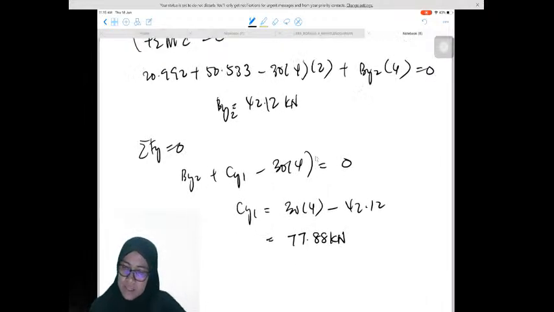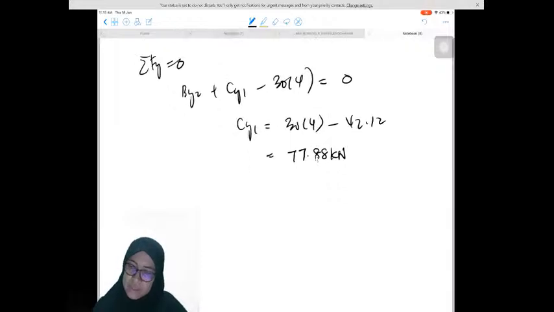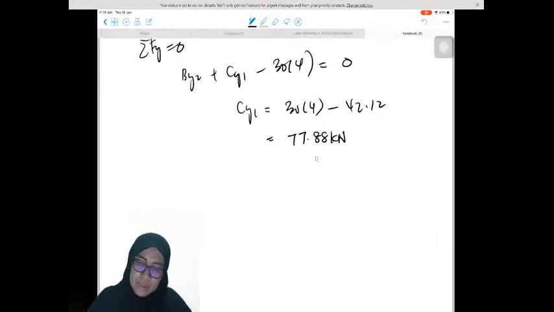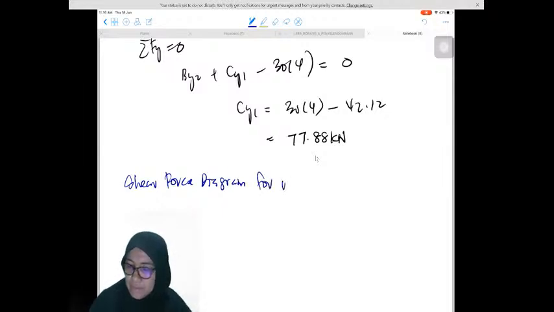Now we will draw the shear force diagram for member BC.